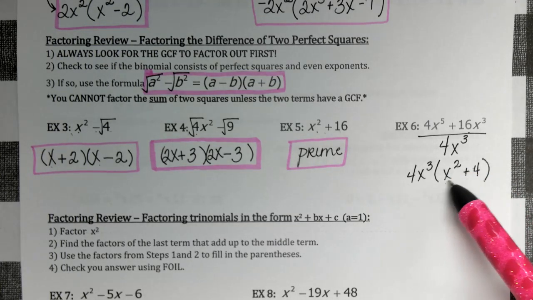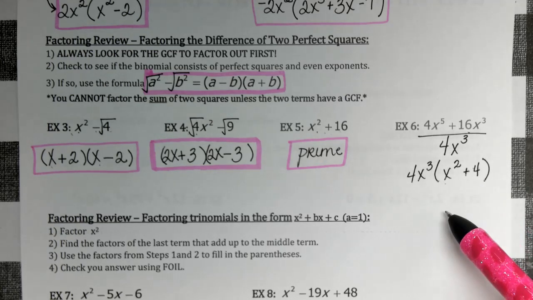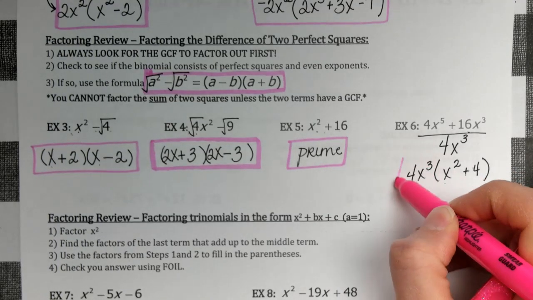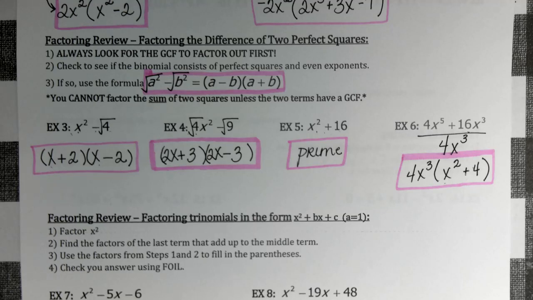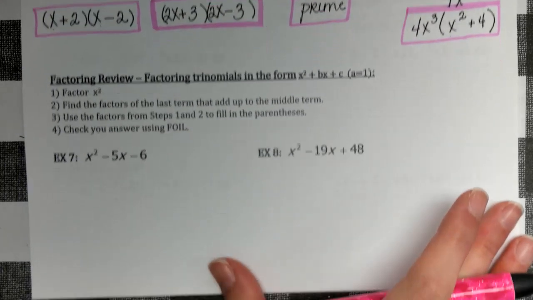Now, I would check, can I factor x squared plus 4? No. If it were a minus, then I would keep going. But I can't do anything, so that is my factored form. I could only take out a GCF. Y'all good with that? Okay.